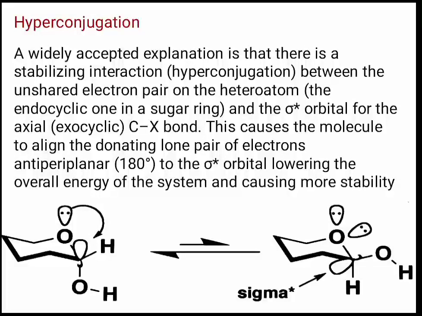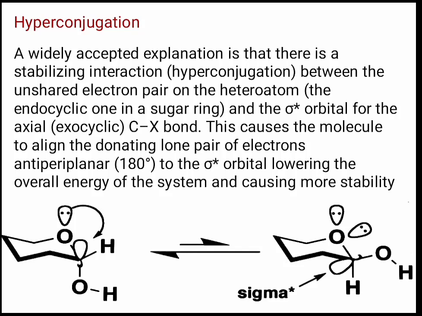Another one is hyperconjugation. A widely accepted explanation is that there is a stabilizing interaction, which is the hyperconjugation, between the unshared electron pair on the heteroatom, the endocyclic one in a sugar ring, and the sigma star orbital for the axial C-X bond.